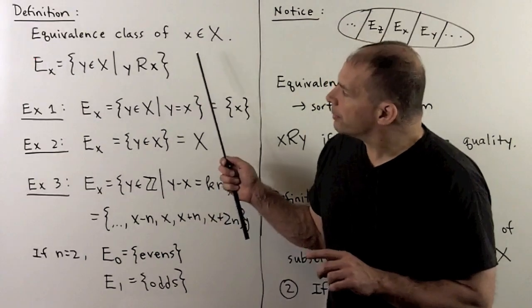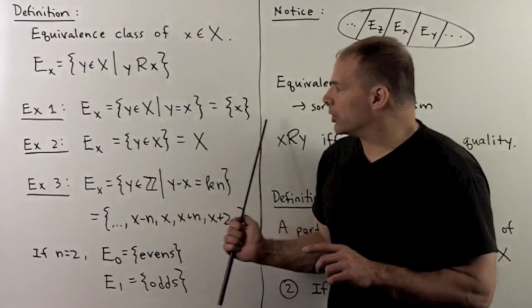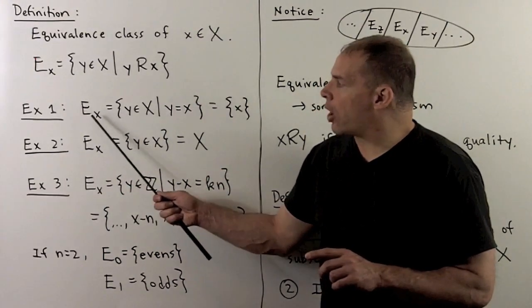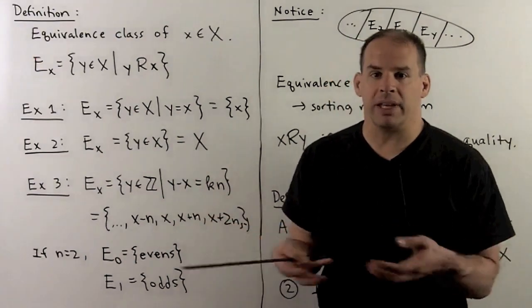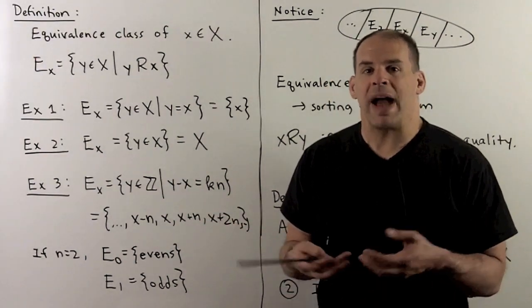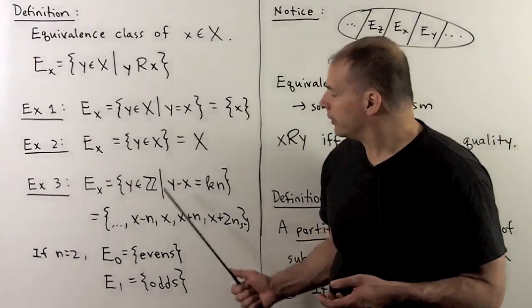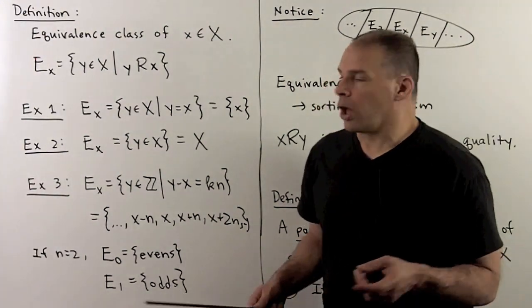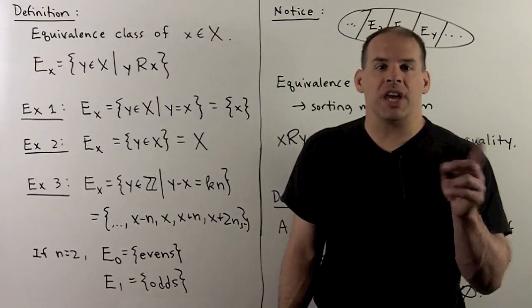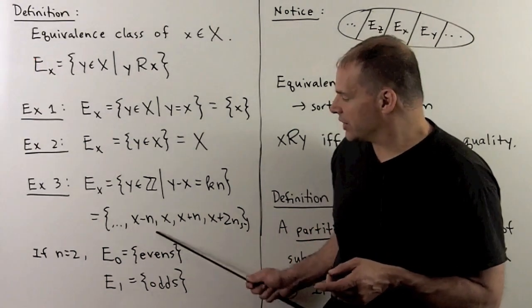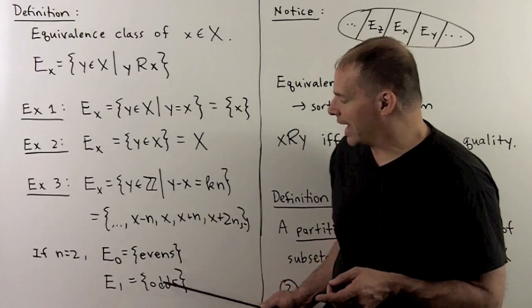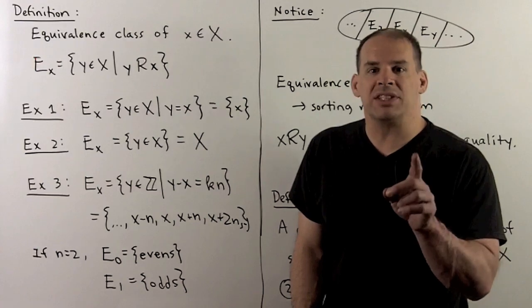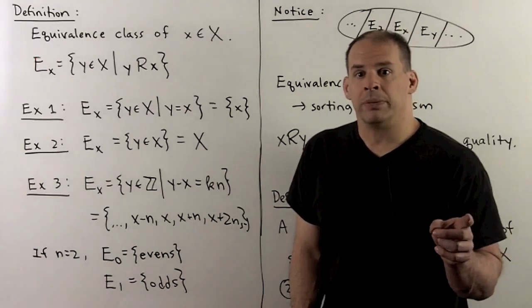Now you'll notice, with each of our examples, if I take all the equivalence classes, put them together, take their union, we get back our entire set. You'll also notice, if we take the intersection of any of these sets, so for instance the intersection of the evens and the odds, we always get the empty set if they're not equal.